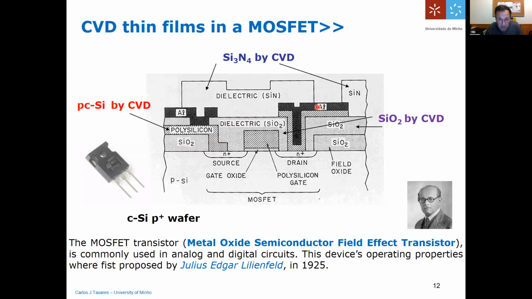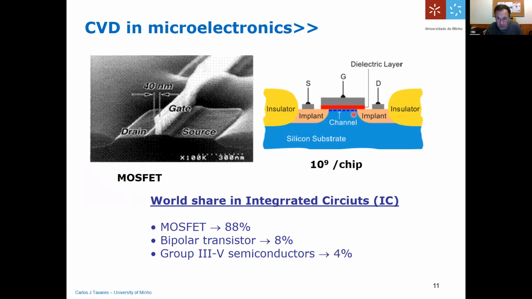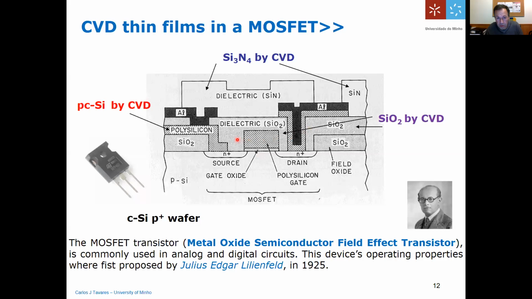And then you'll have aluminum for the contacts on the gate, the drain, and the source, as you saw in this schematic. And of course, in order to produce this complex material, you have to have masks where you do these layers sequentially. You perhaps have to do some chemical etching or ion etching to remove some parts of the layers, so you can have this actually complicated layer structure.